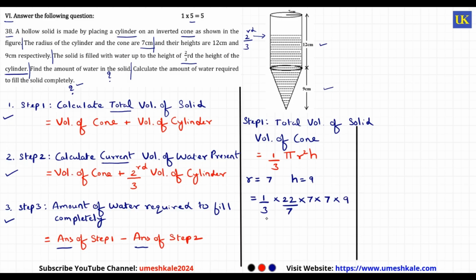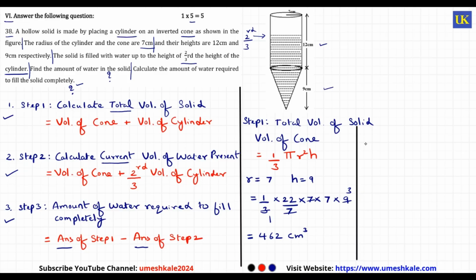So now we will cancel it. 7 and 7 one time we can cancel, and 3 ones are 3 and 3 threes are 9, like this we can cancel, and now we will multiply the remaining things. So now what we will get is 462 centimeter cube, because we are finding volume, so volume is always written in cube.